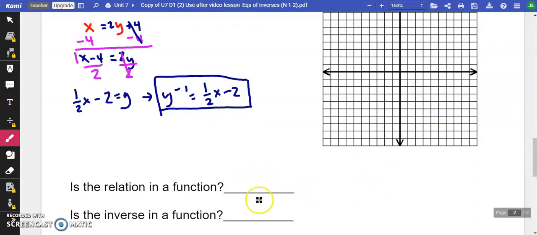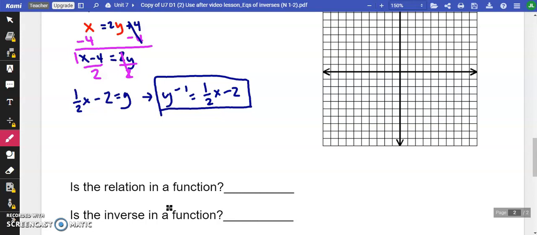And so to answer these bottom two questions down here, we need to remember way back to the beginning of the course, we talked about whether or not something is a function, right? So we said that a relation is a function as long as none of the x values repeat when we're looking at the graph or when we're looking at a table.